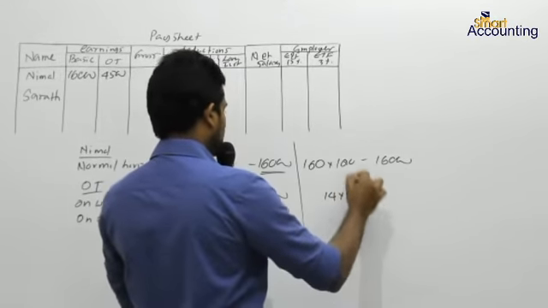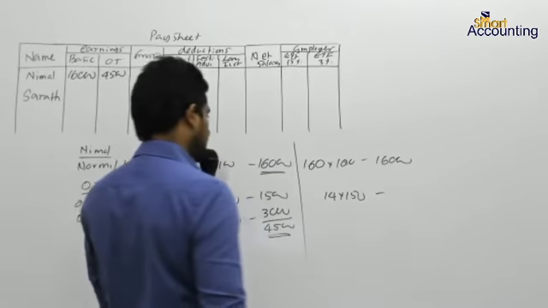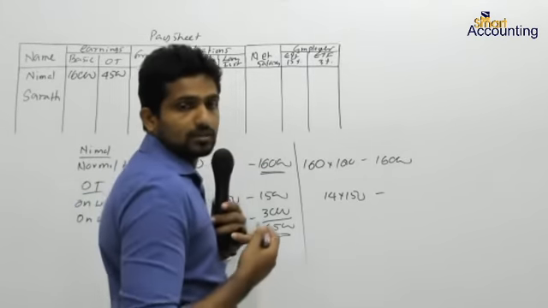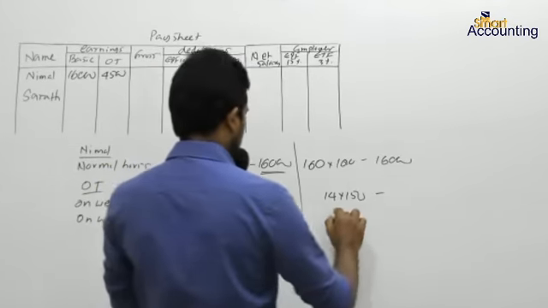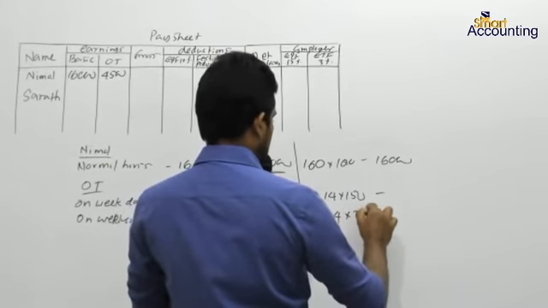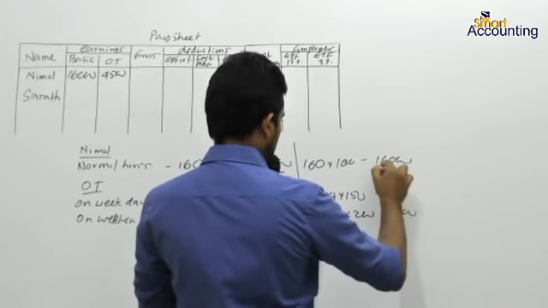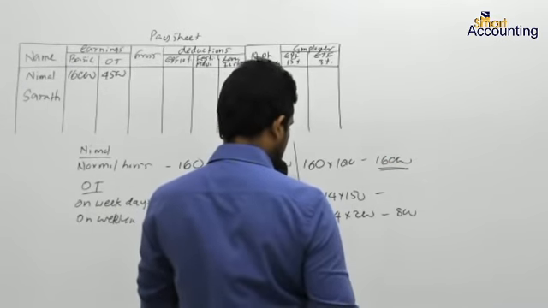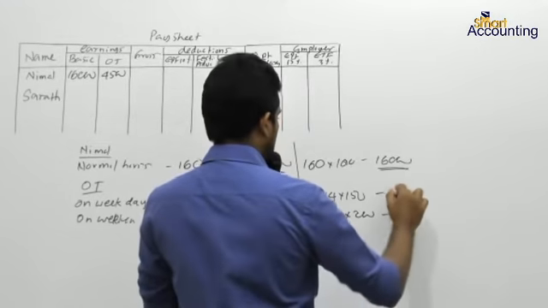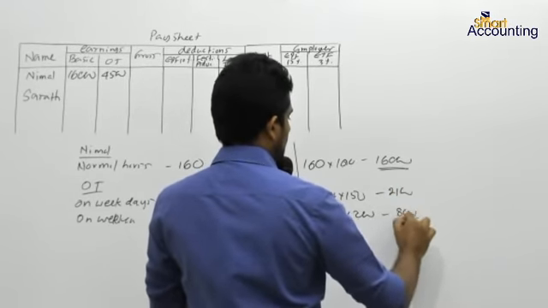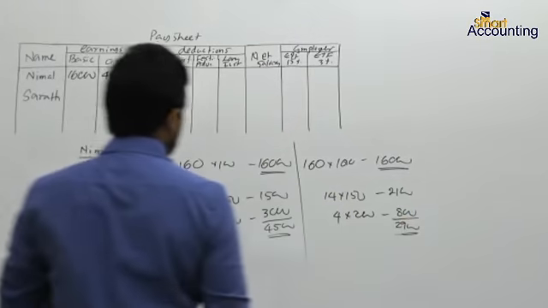That into 150. On weekends, only in the last weekend he has worked 4 hours. That into 200, 800. Here 2,100. Total overtime 2,900.